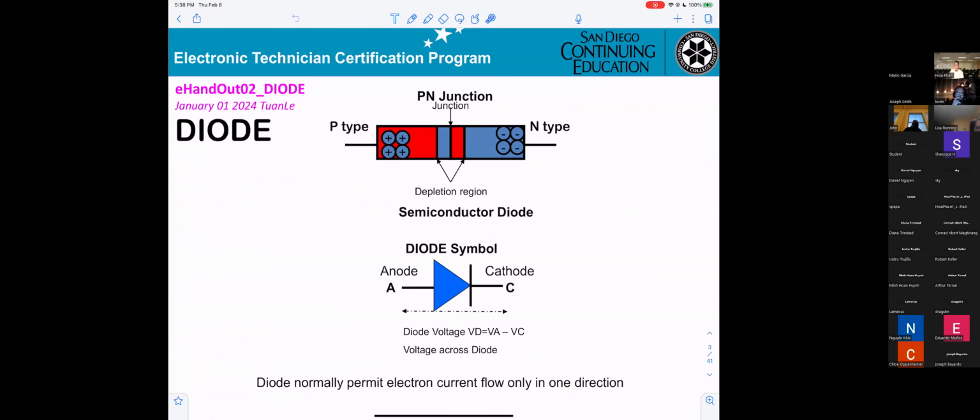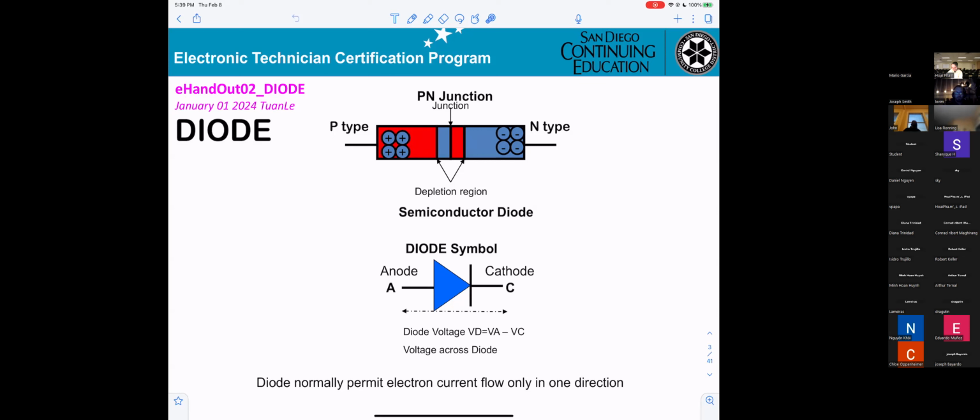And now the next topic we're talking about is the diode. This is the physical diode. One side contains positive, the other side contains negative. When you apply power, the electrons move, so the diode allows the current to flow.